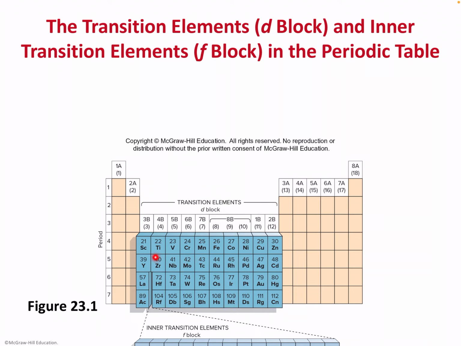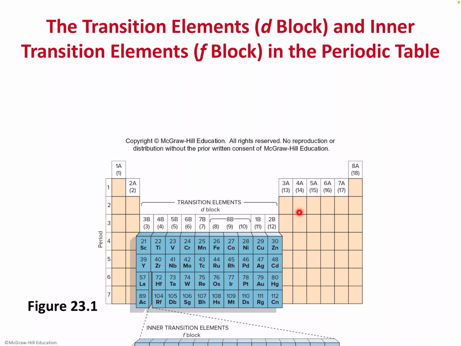So the D block elements. So remember, can anybody remember what is the name of this block? Groups 1 and 2, they are called S block elements. Remember we talk about that. This is all the S1 orbital being filled up in group 1. This is S2 and this is going to be, what's the name of this block?